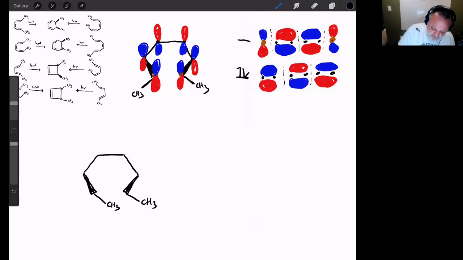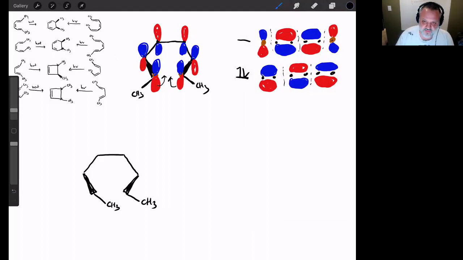So that means I have choices. I can imagine the blue rotating this way and the blue on the left rotating that way. I could also imagine the red rotating up and this red rotating up to form a bond with the red lobes. Either imagination is fine.